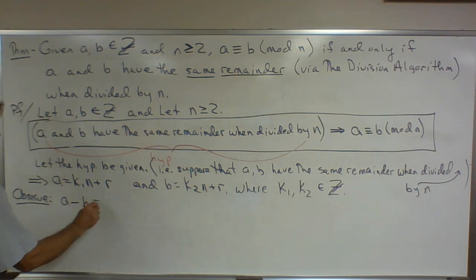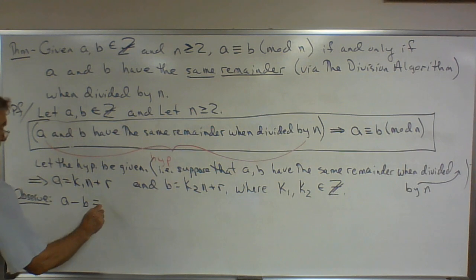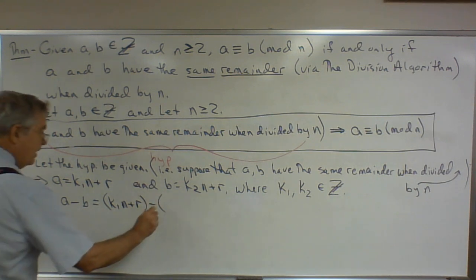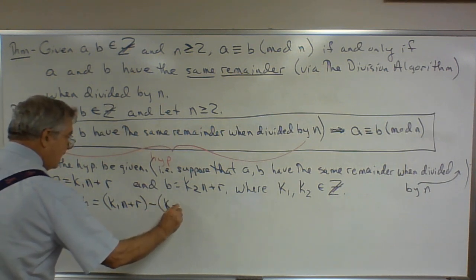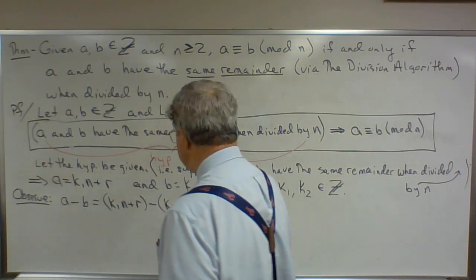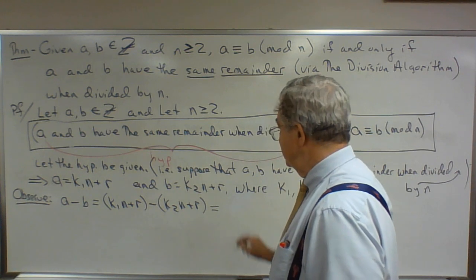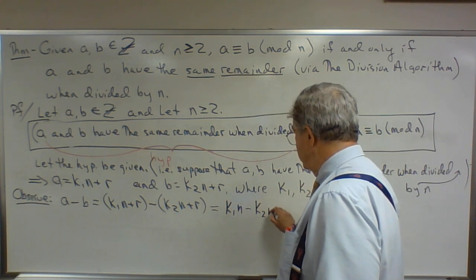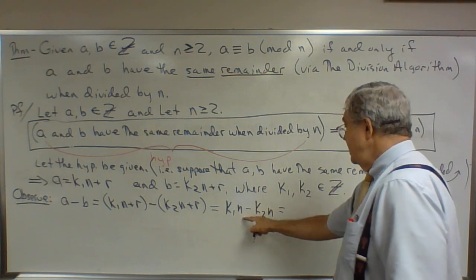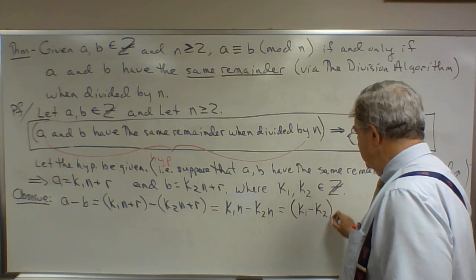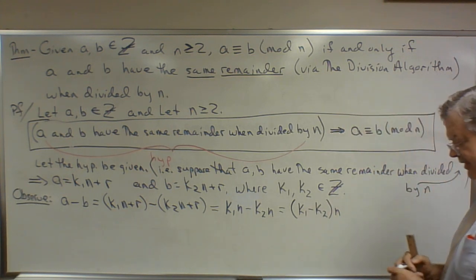a minus b is equal to k1 n plus r minus k2 n plus r. r minus r is 0, so we have k1 n minus k2 n. n is a common factor, so we have k1 minus k2 times n.